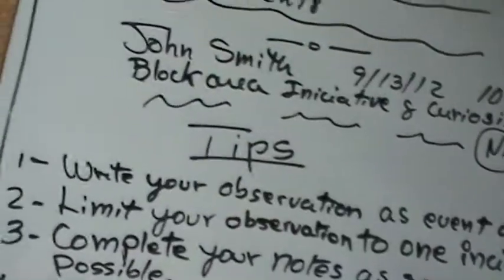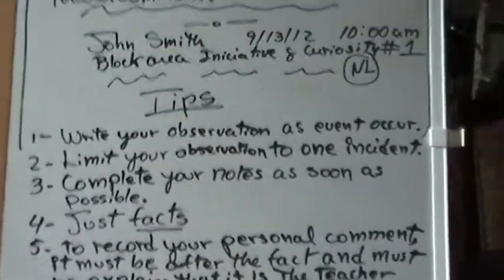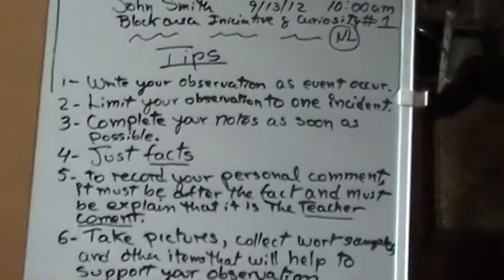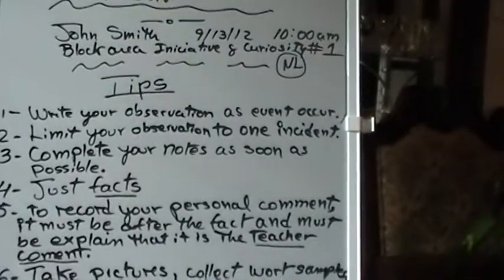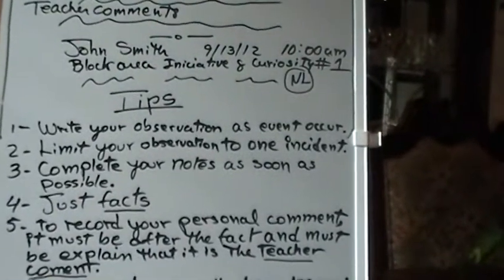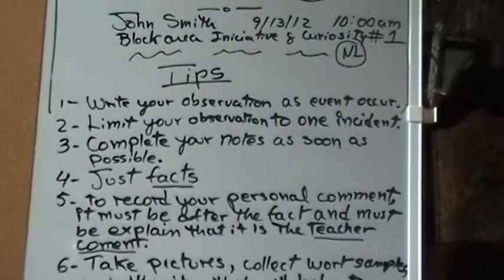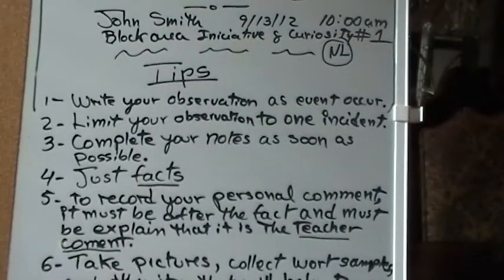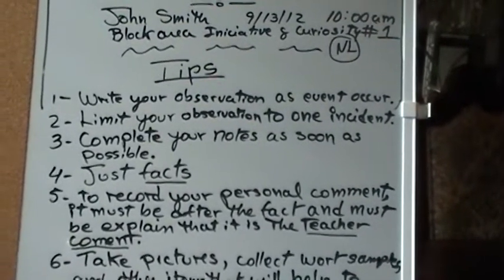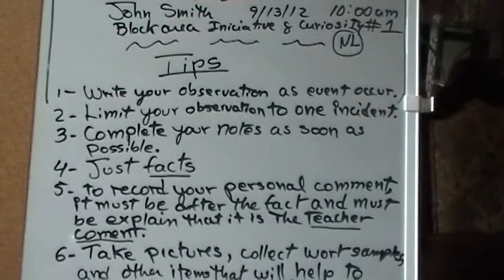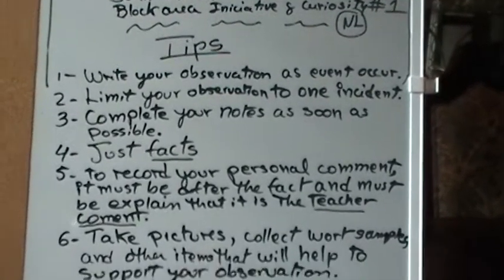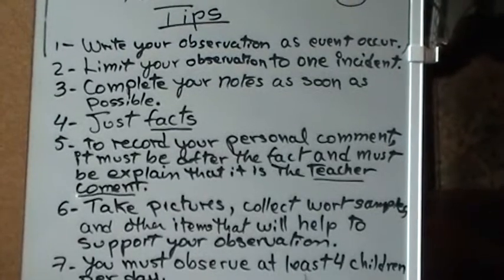We have a few more steps that you need to follow when you are doing anecdote notes. Number 1, write your child observation as the event occurred. Number 2, limit your observation to 1 incident. Number 3, complete your notes as soon as possible. Number 4, just facts.